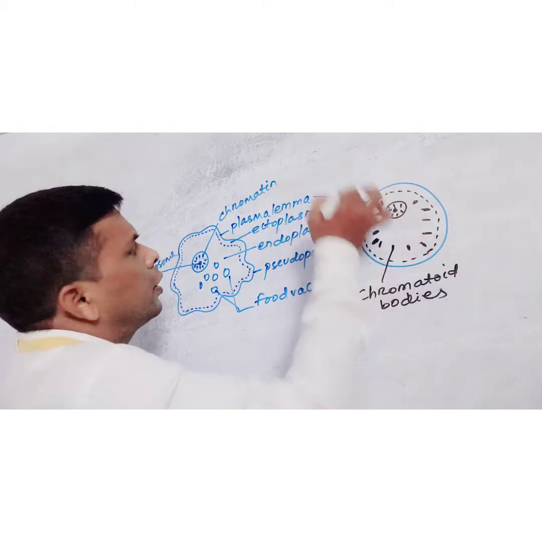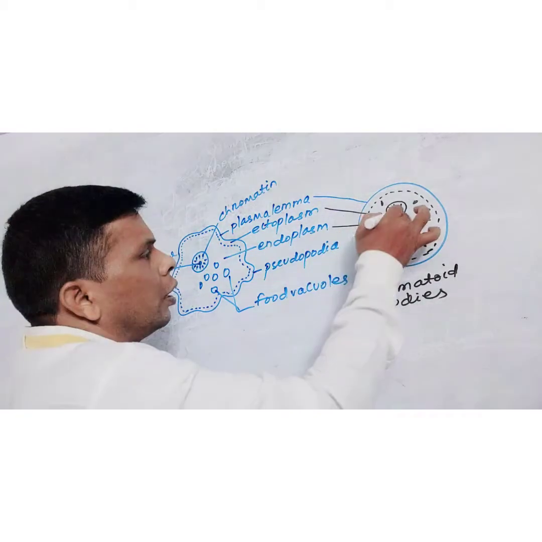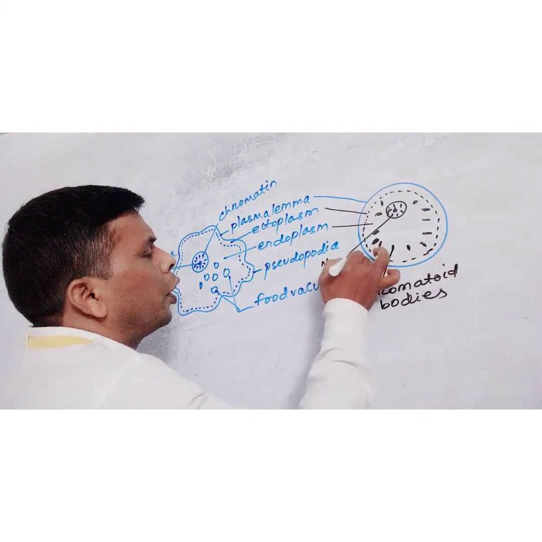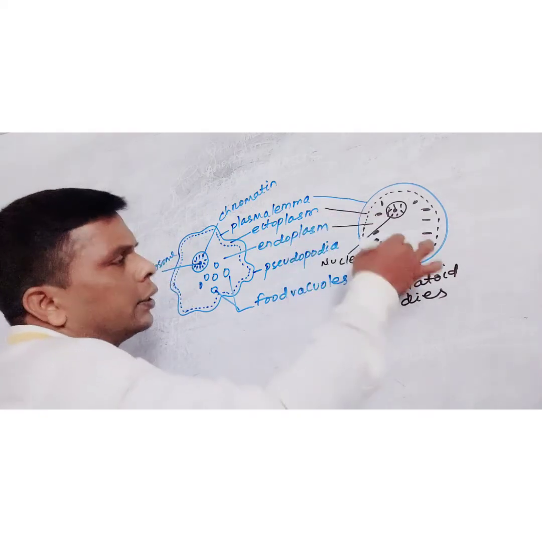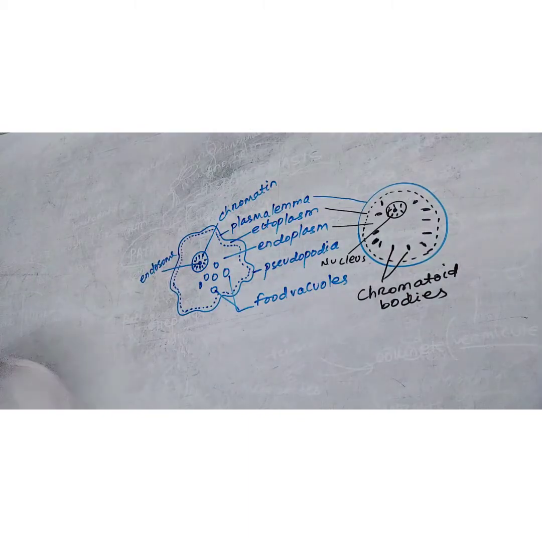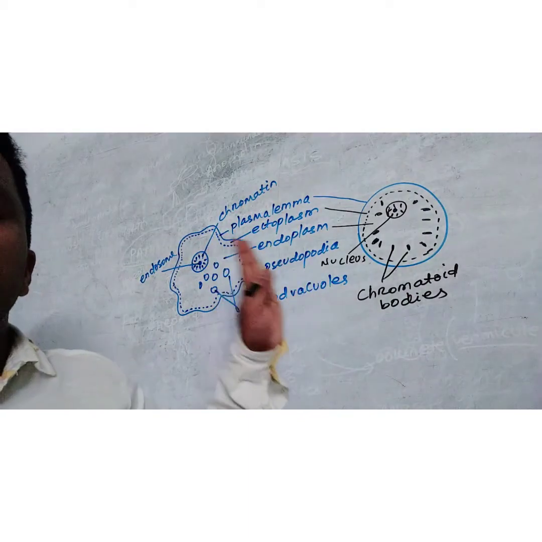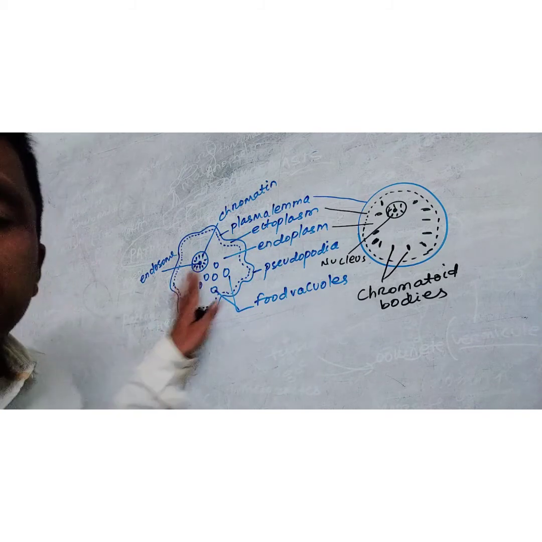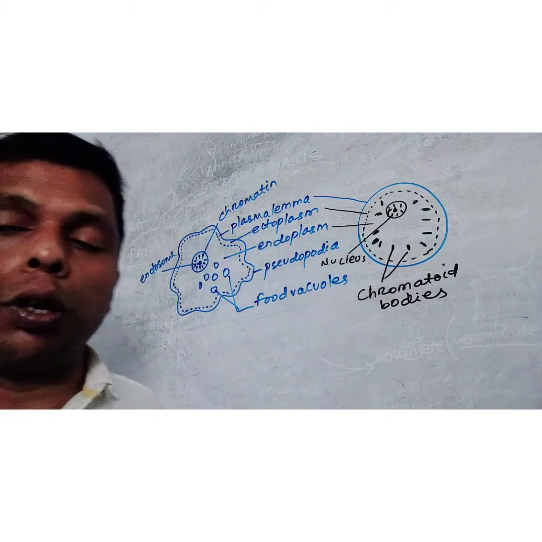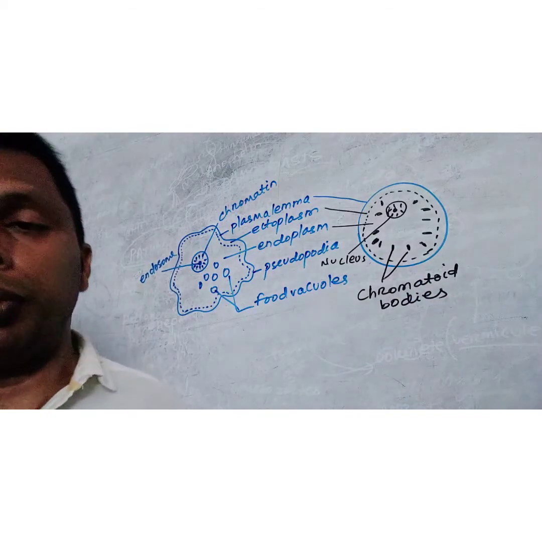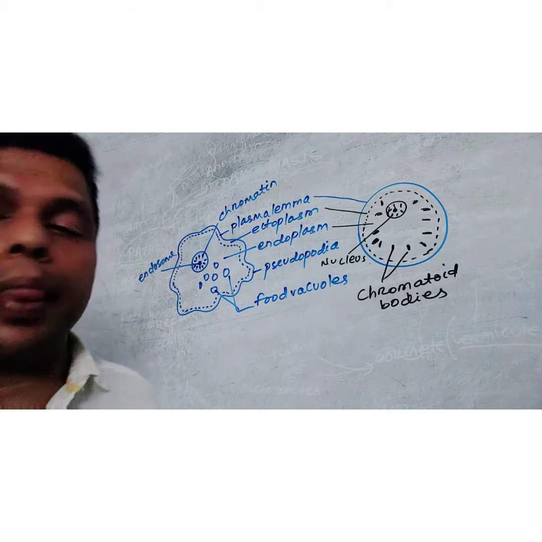These chromatoid bodies help in the process of cyst formation. The trophozoite is the feeding stage, the lumen dwelling form, also called the minuta form, and the magna form.